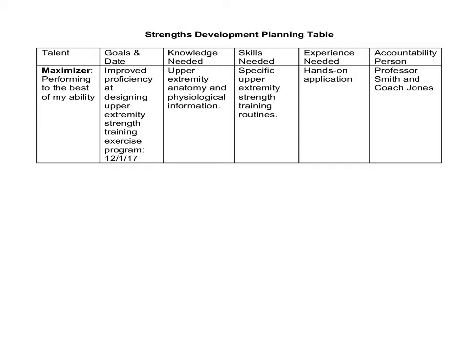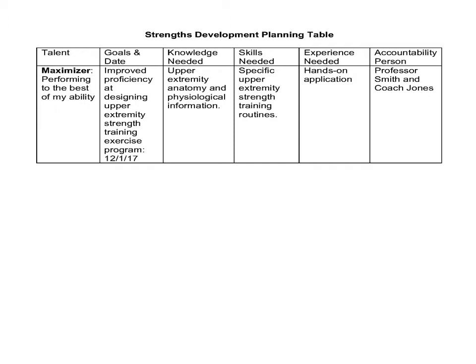And so we know that strengths are made up of knowledge, skills, and experiential knowledge, or experience. So what knowledge did this student need to turn that area into a strength?